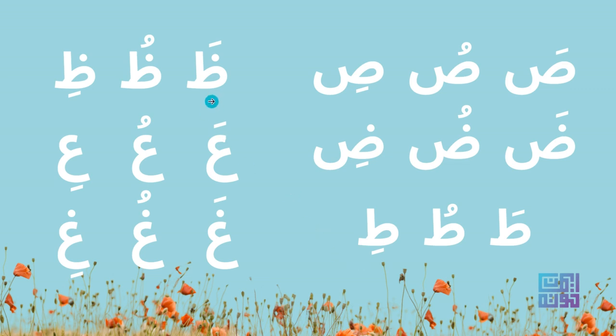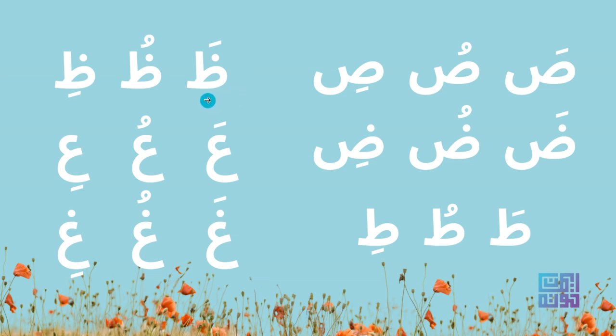Okay. And then the name of this letter is Dha. And with a fatha, it's going to be Dha. The equivalent letter of this is Tha. So I want you to hear the difference.